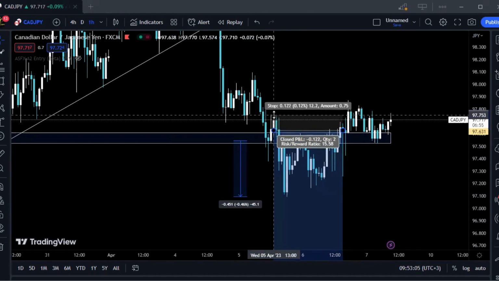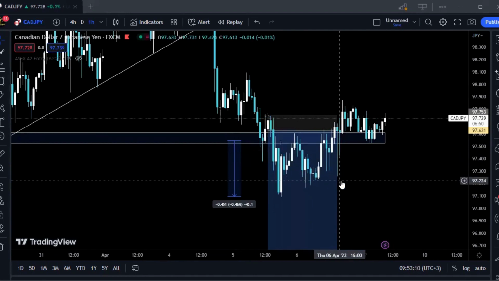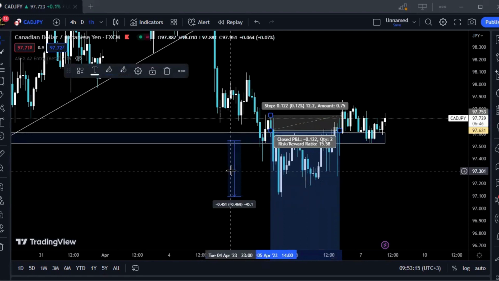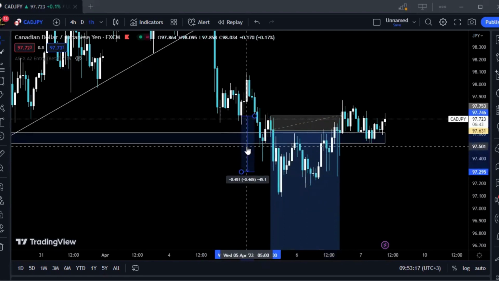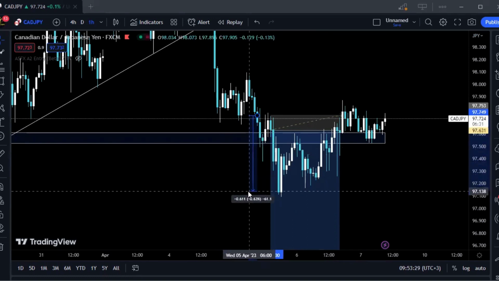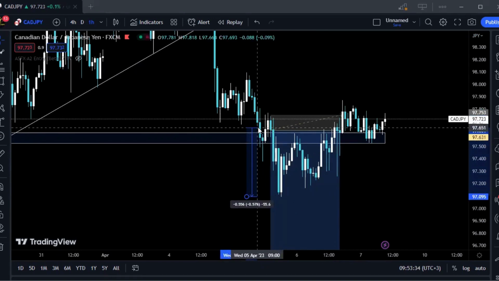You see, this would have been the risk. So that means we would have been risking about, how many pips? It would have been an 11, 12 pip risk, and prices would have pushed over 54 pips in our direction.